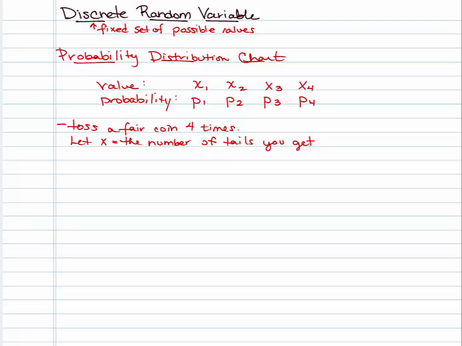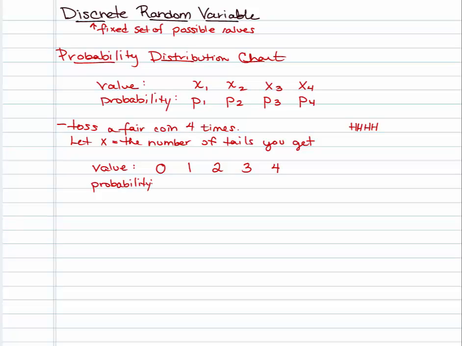So if we were going to toss this 4 times, we'd have 4 types of possibilities. When you flip the coins, we could have heads, heads, heads, heads. That would actually have 0 tails. So if I were setting up a table, I would put value, and for x maybe 0, which would mean 0 tails. 1 tail, 2 tails, 3 tails, 4 tails. And then its probability.